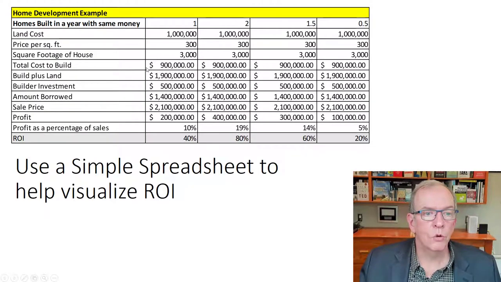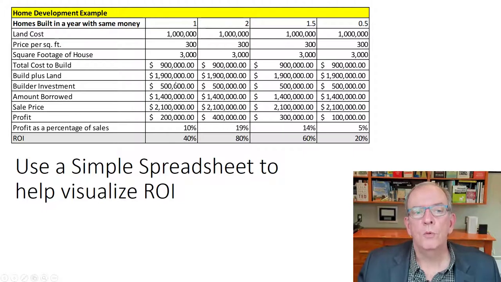Like if you were able to only put in 100,000 of your own money on these kinds of numbers, this return on investment number would go up hugely, right? But nobody's going to give you that much leverage, they're going to be taking that much risk. If you've only got 100,000 in this, and this is at 1,700,000, it's going to dramatically change these numbers in your favor.